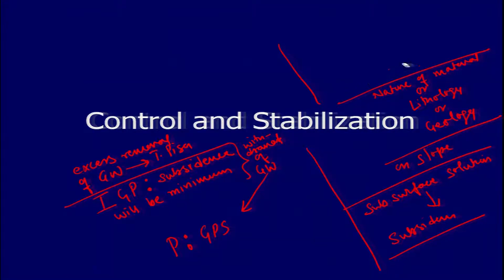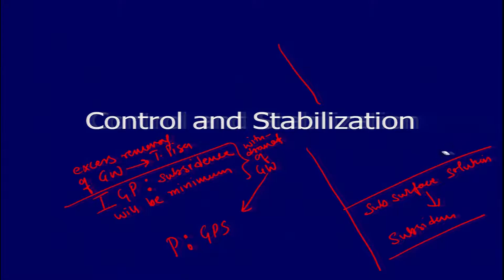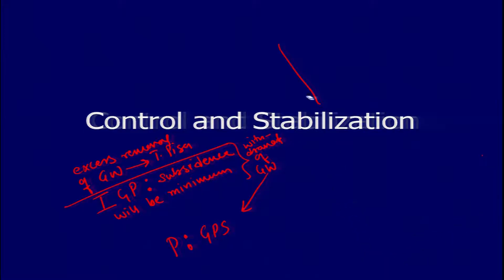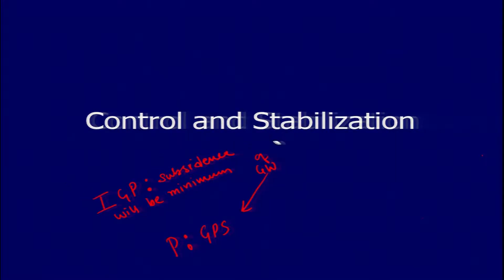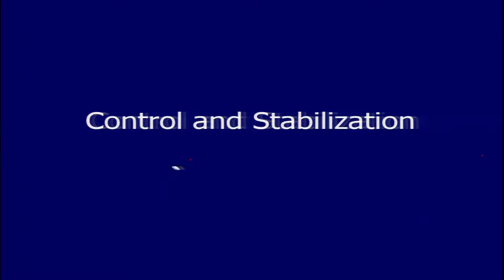Of course, along with this, the nature of the material, the lithology. There is another important point which we should keep in mind, which is the geological structures. We gave some examples of the shear zones from the Rajpur area near Dehradun.